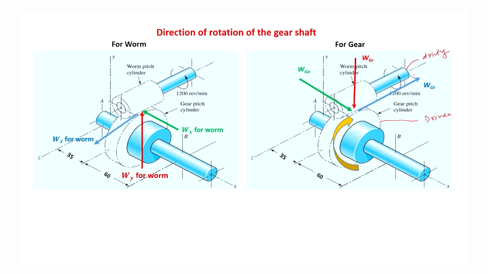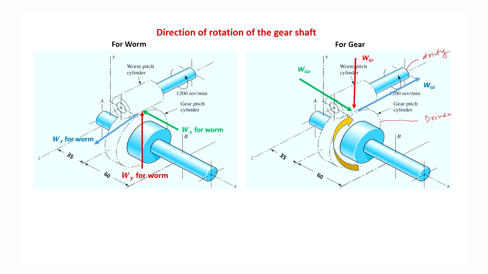And therefore, the direction of tangential force on the gear will be in the direction of rotation of the gear. So, the direction of rotation of the gear should be as per the arrow shown in this figure. And in the direction of rotation, this WGT will be acting.